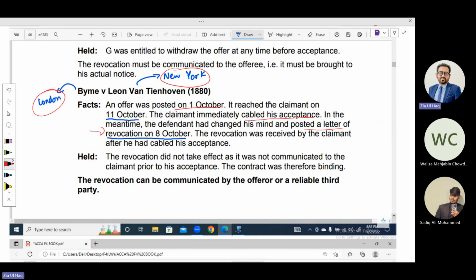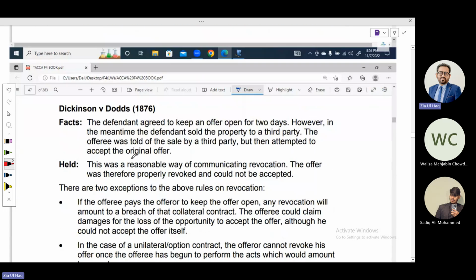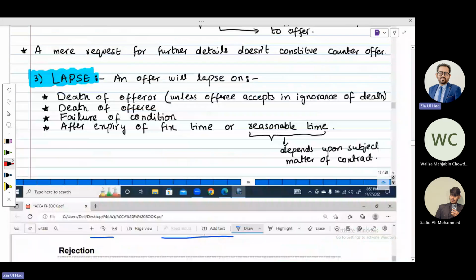This means if he accepted on 11th October, there is a contract between offerer and offeree. The revocation can be communicated to the offeree by a reliable third party, or any third party can inform that the offer is withdrawn. How can a third party inform?